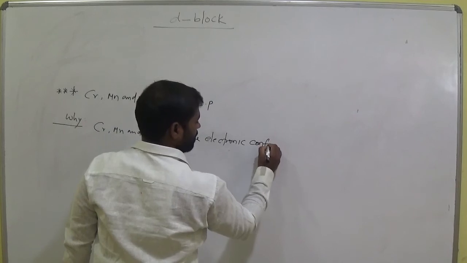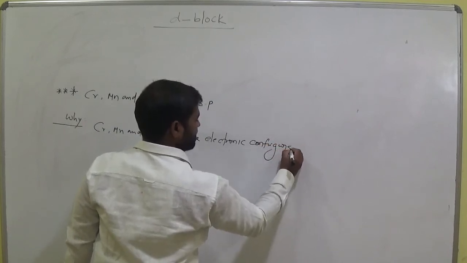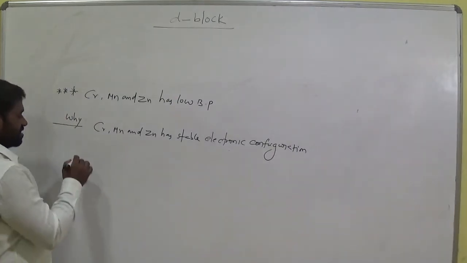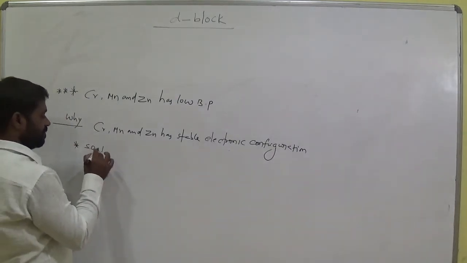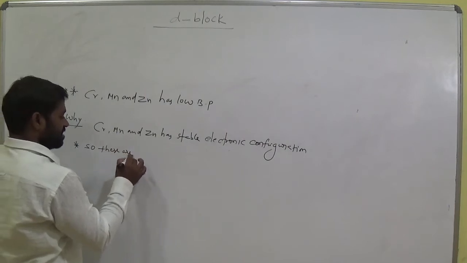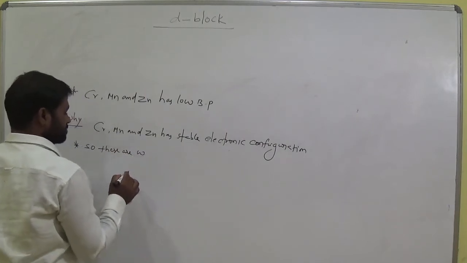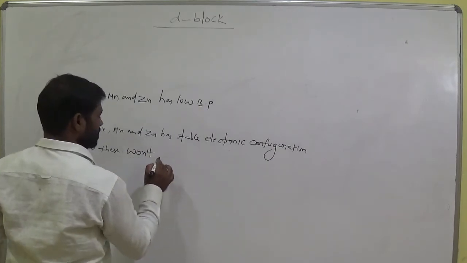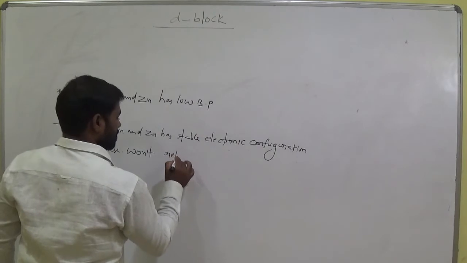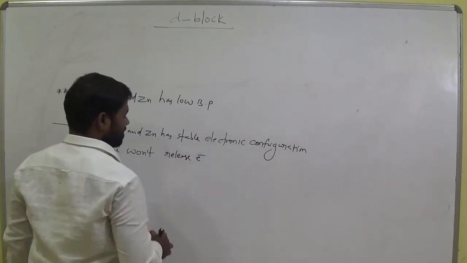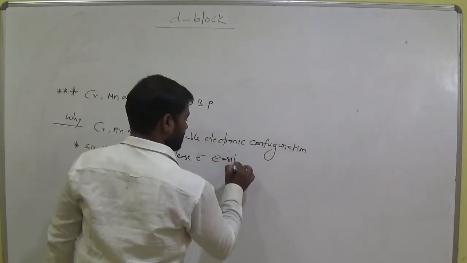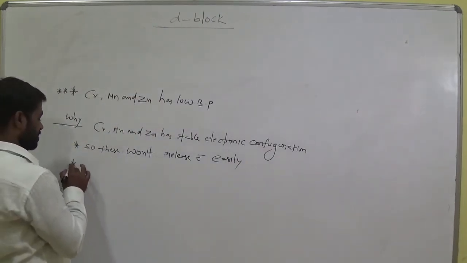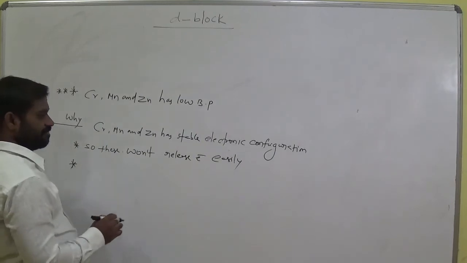Those which are stable won't release electrons easily. They do not release electrons easily. Clear?